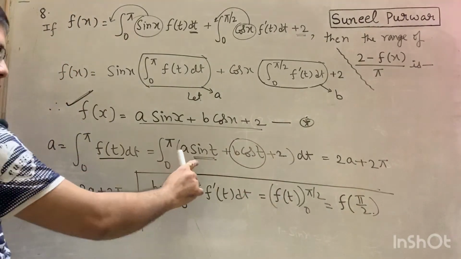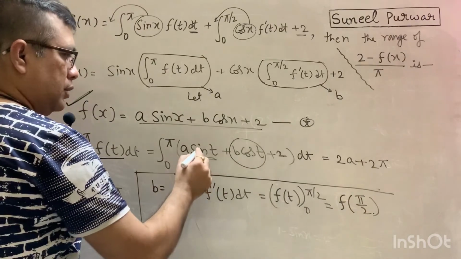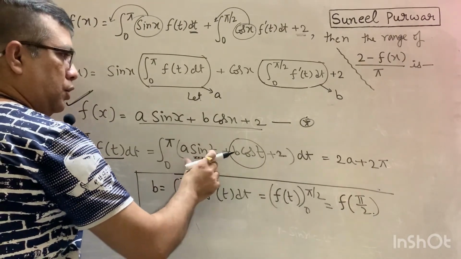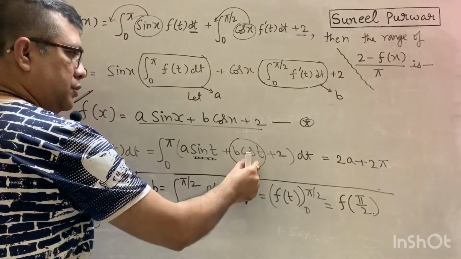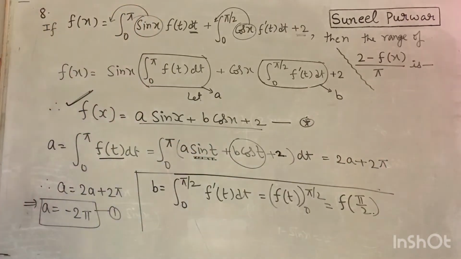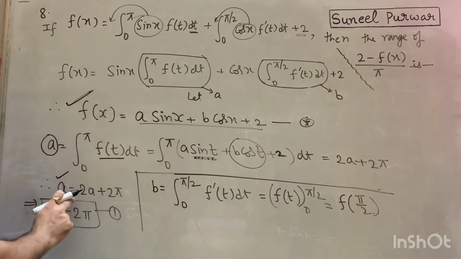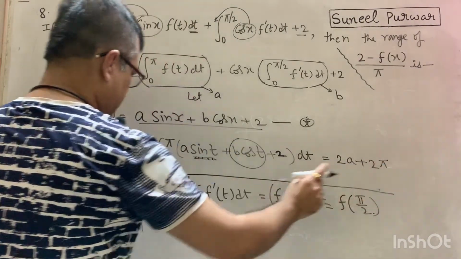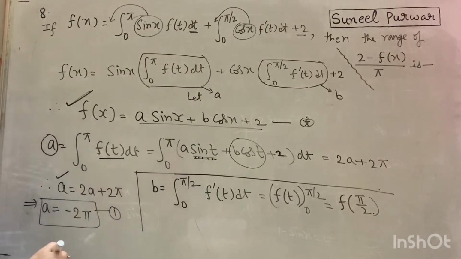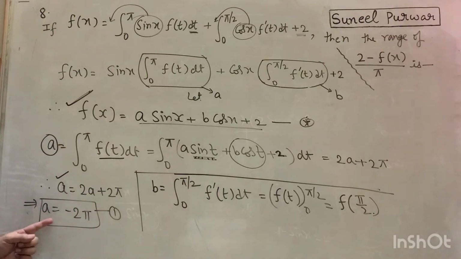These are simple functions which you can integrate, and on integrating them, this part will give you 2a, this part will give you 0, and this part will give you 2 pi, which you can verify. So what do you have now? A equals 2a plus 2 pi. That means a value is minus 2 pi. Make a note of it.